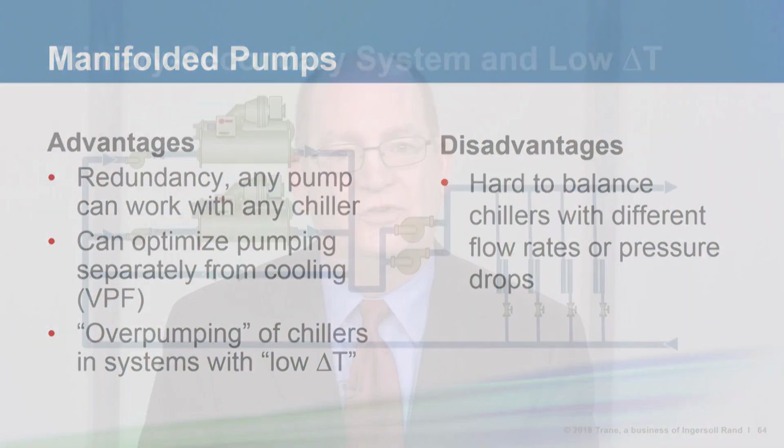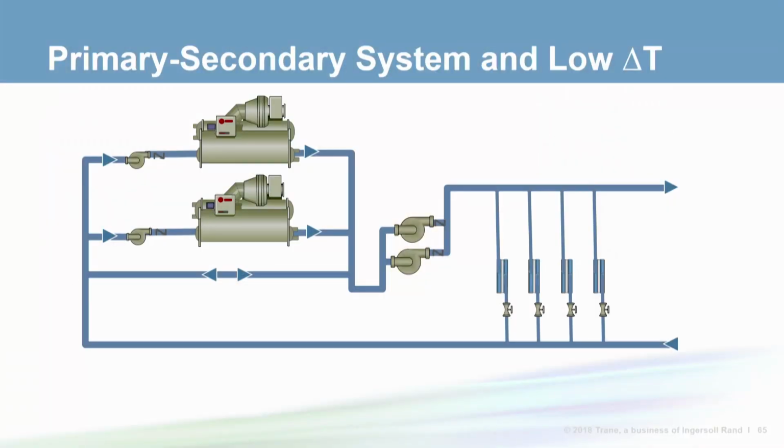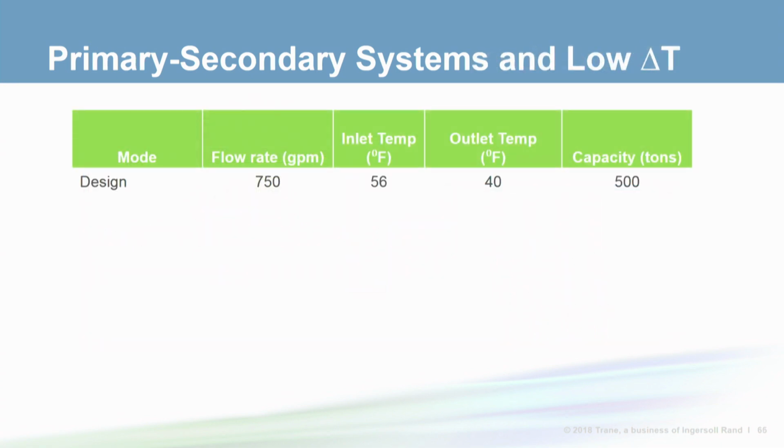Now, some systems experience low delta T at the coils, and this causes issues in a primary-secondary system. Let's look at an example. Two 500-ton chillers are each selected to take 750 GPM of water from 56 to 40 degrees. There are some three-way valves and dirty coils in the system.